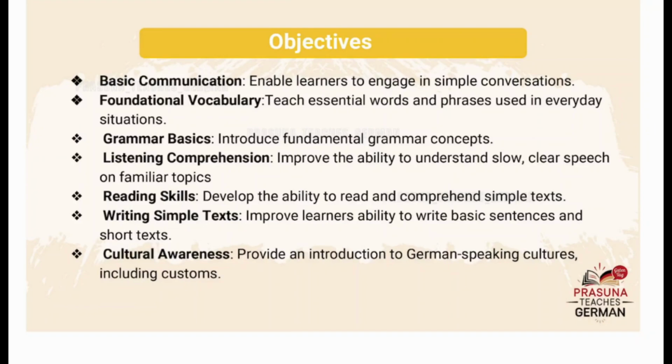Likewise, we are going to teach basic vocabulary in this A1 course, and phrases used in everyday situations using fundamental grammar topics, like how to frame a sentence with a subject, verb and object, and how to frame a sentence with prepositions. All those things we are going to cover in this A1 course.